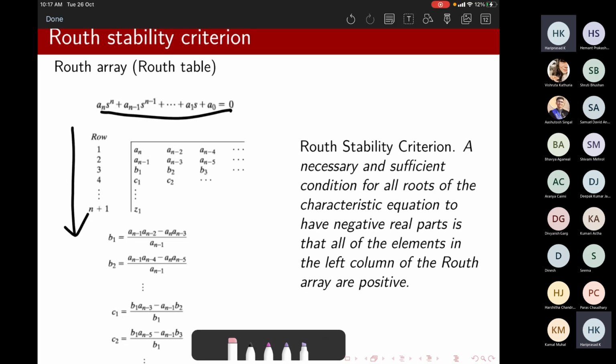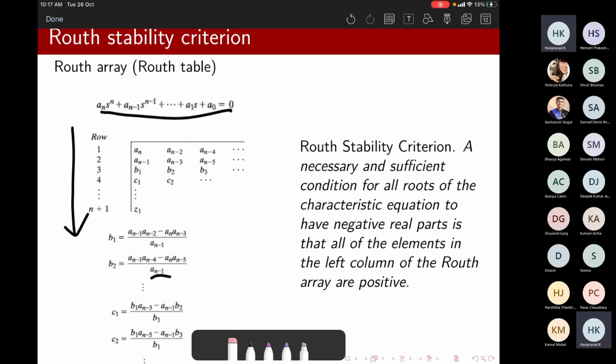So you calculate the second element B2 like an minus 1 into an minus 4, minus an into an minus 5, divided by an minus 1. Your first column you will always use. Then you use the same procedure and build upon it. Once you have B1, B2, then you can calculate the next row.